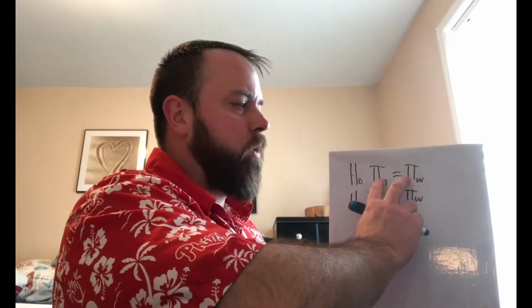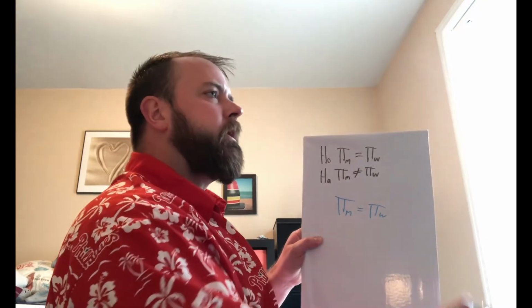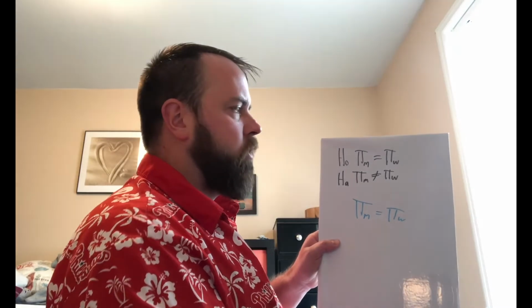But when you're looking at confidence intervals, knowing the algebra of the equation is important. If we just have the equation, pi of men equals pi of women, in some problems you're going to see the null and alternate written as the difference, because that's what we're looking at. We're looking at comparing the two.